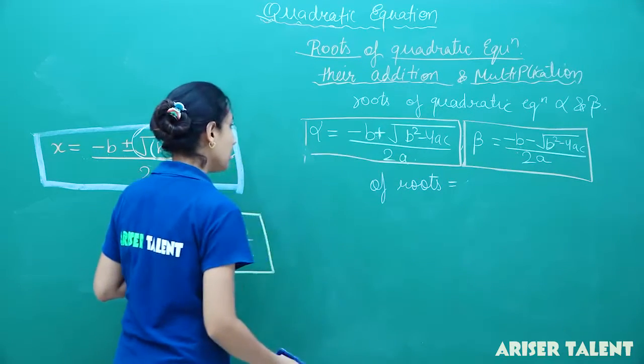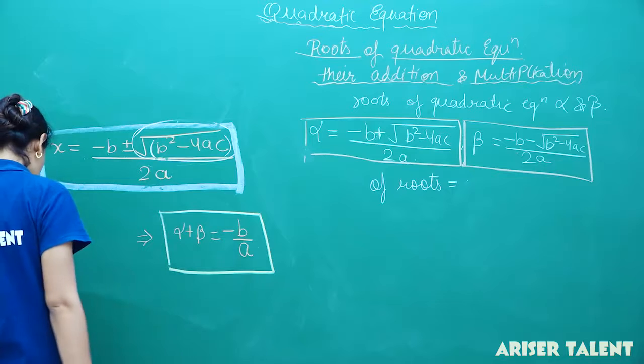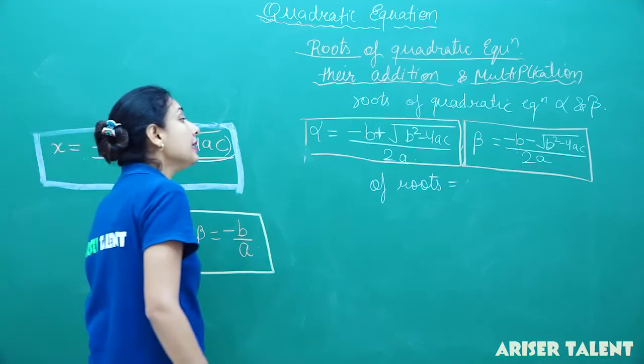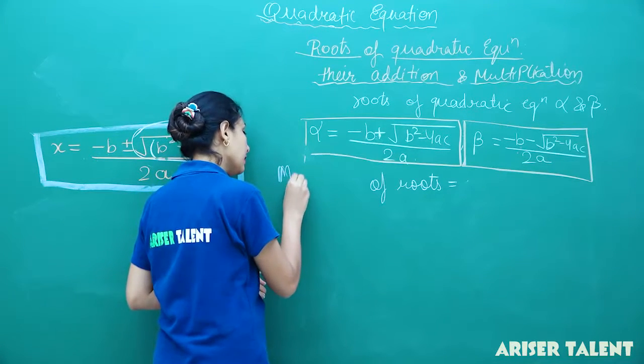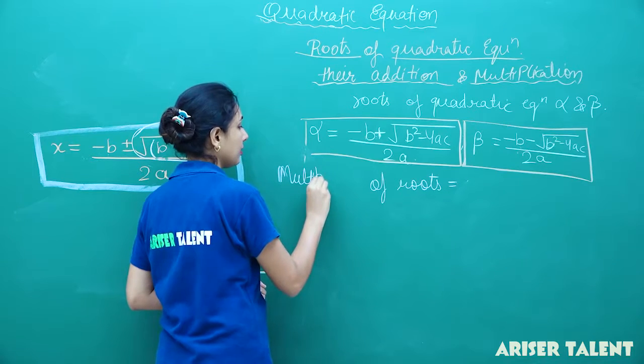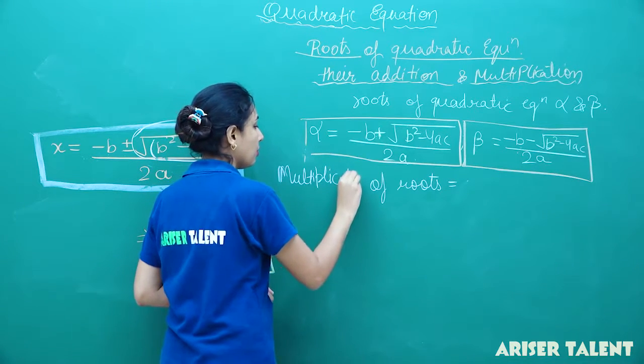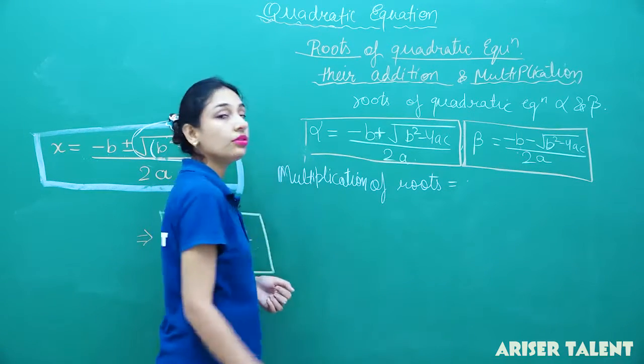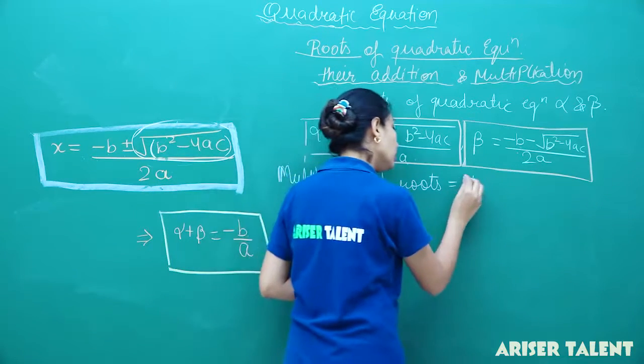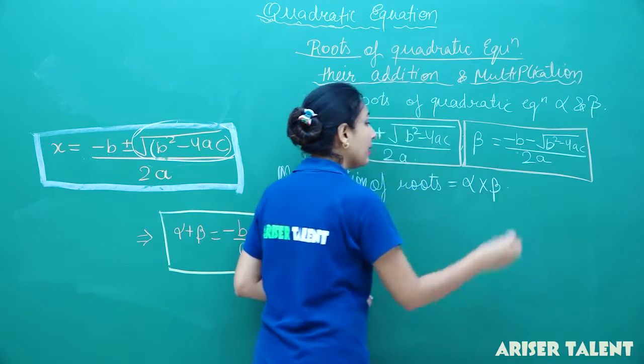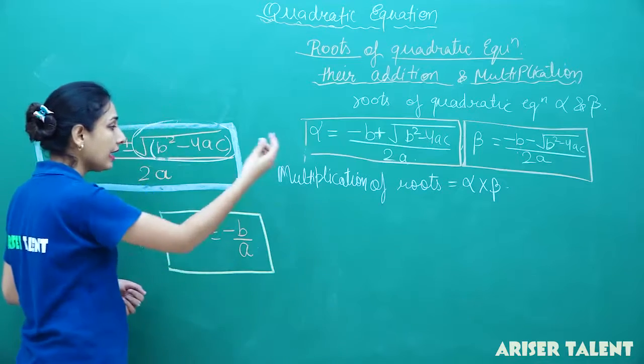Okay, students. Now again I have alpha equals this and beta equals this. Now I have the multiplication of roots. Multiplication of roots is alpha multiplied by beta. Now what is the value of alpha? We have this here.